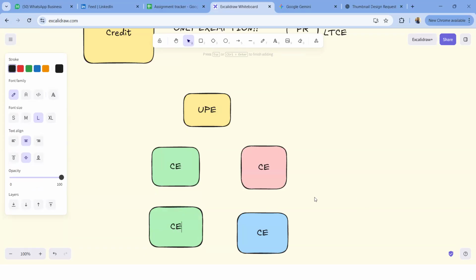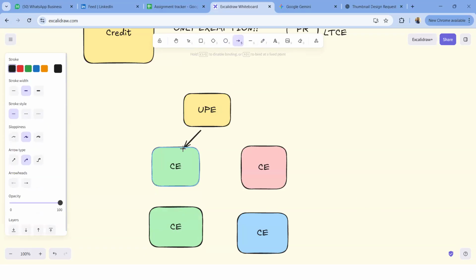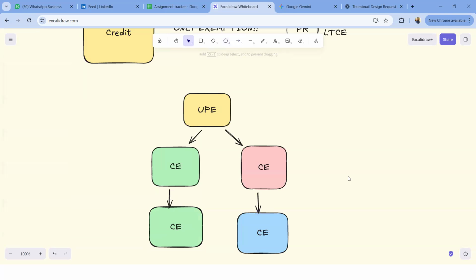So the UPE holds these two companies, and this company holds this company, and this company holds this.